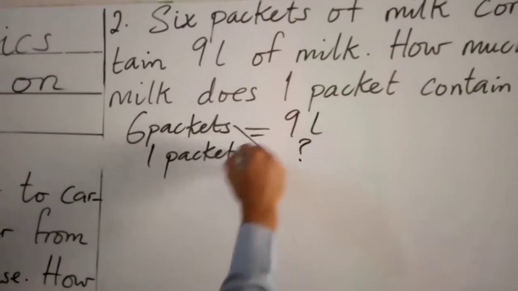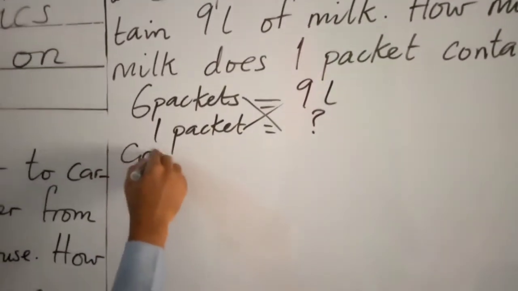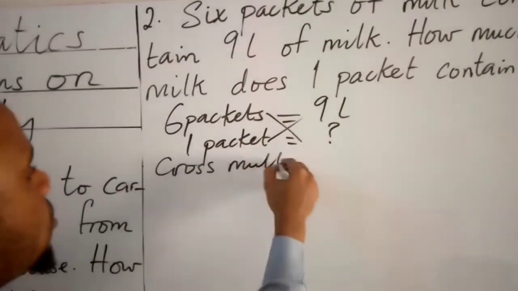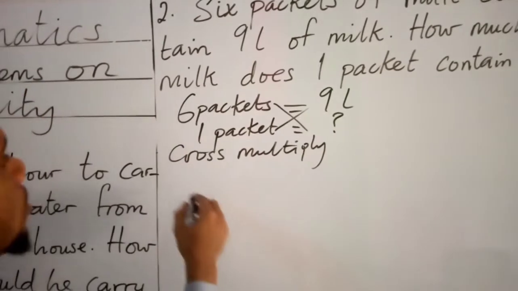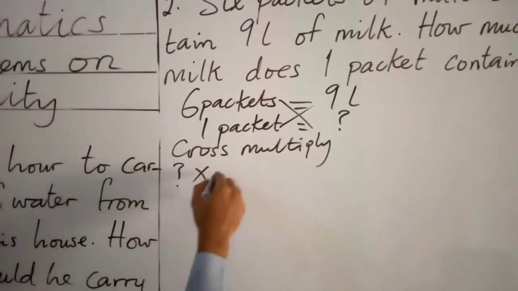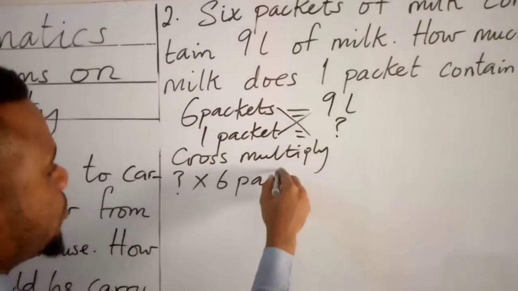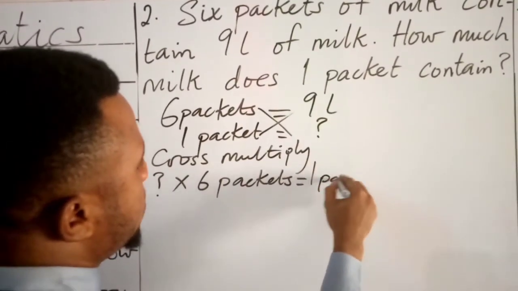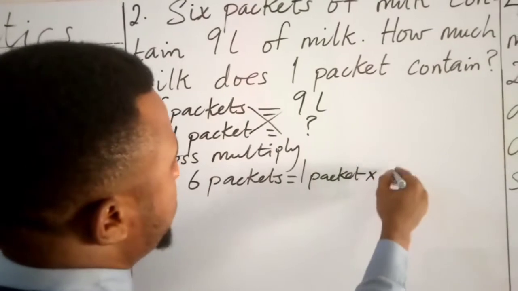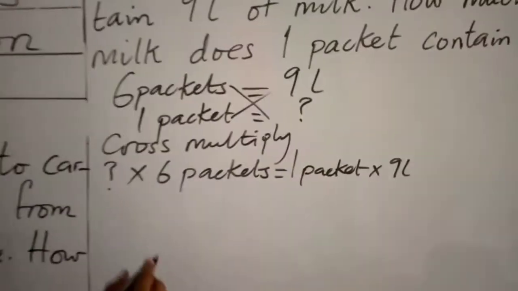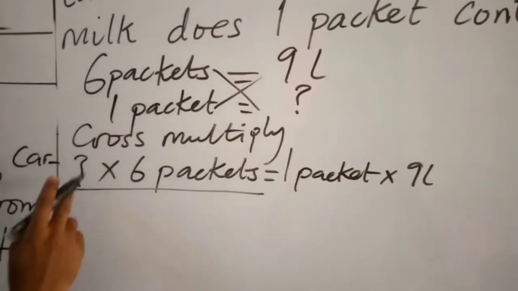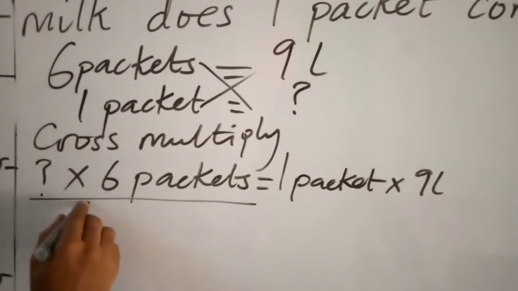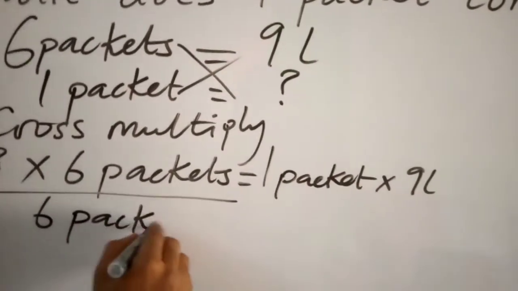So remember when you have this form, you cross multiply. So we cross multiply: 6 times the unknown is equal to 1 packet times 9 liters. So remember what we said, we leave our unknown by dividing by what is multiplying our unknown.